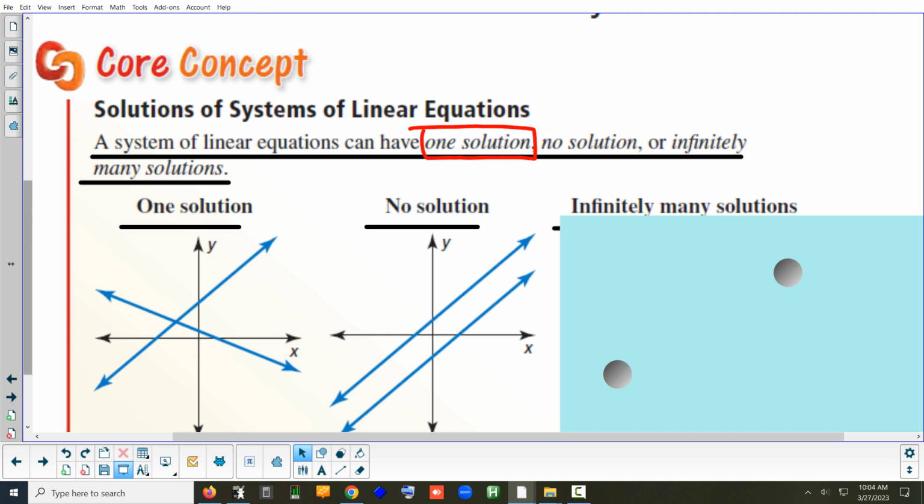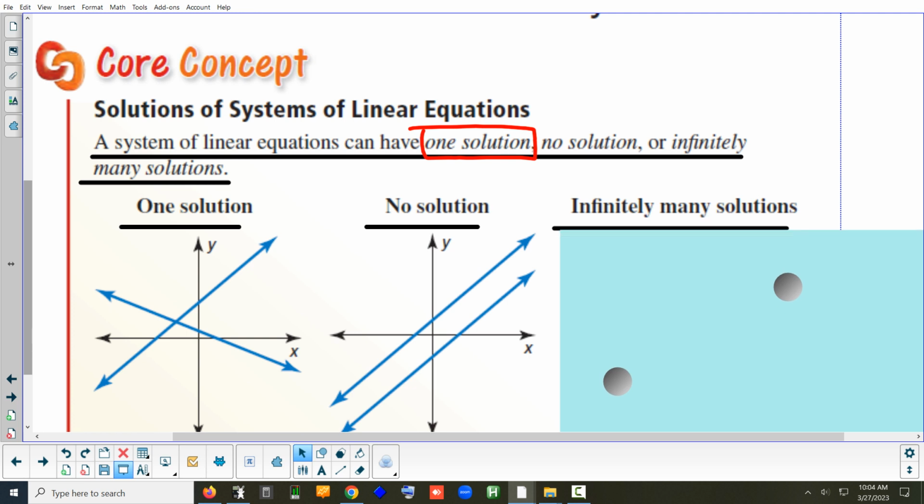That's a no solution, because the solution is where they cross and you can't find where they cross. As a picture, it's easy to see. But what would happen algebraically? What if we're not drawing a picture, and we're solving using substitution? What would happen in substitution when there is no solution? That's what we have to figure out. But that's what would happen as a picture: they would never cross.